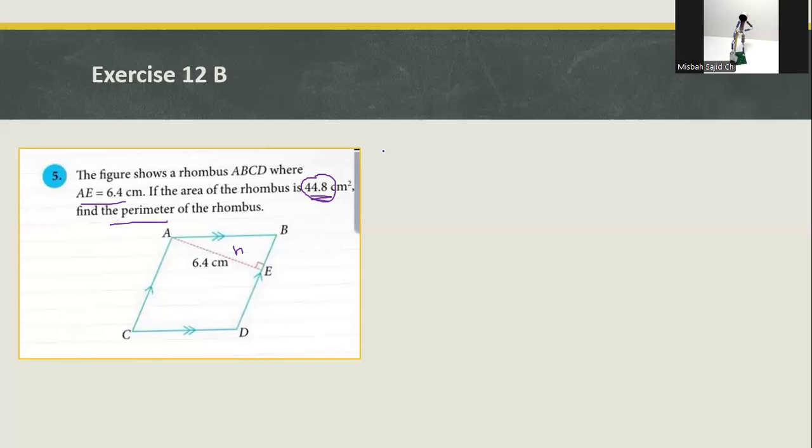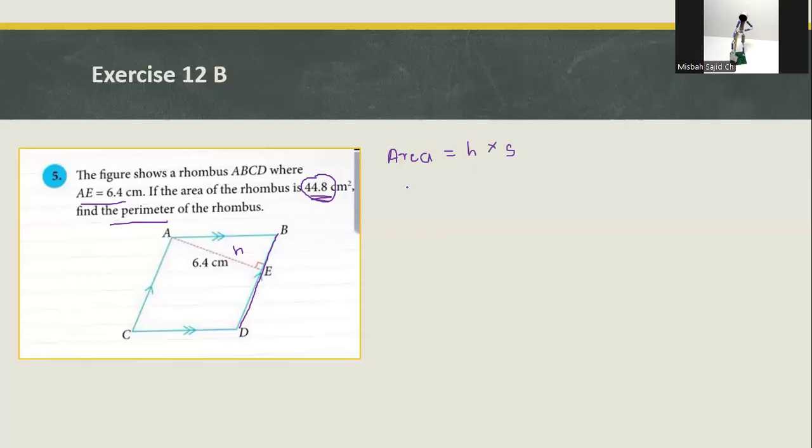We know that in a rhombus, all of the sides are equal to each other, so we can take any of the sides. Let's suppose I'm going to take BD. So area is equal to height multiplied by side.